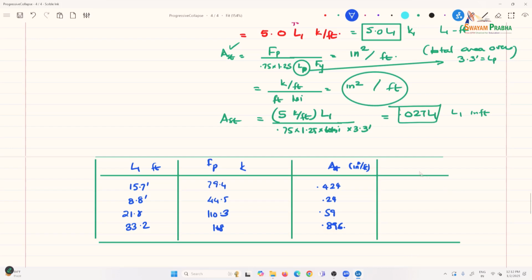You can provide it over 3.3 feet on either side of the opening. All of them, as you see, are prescriptive, no calculations.